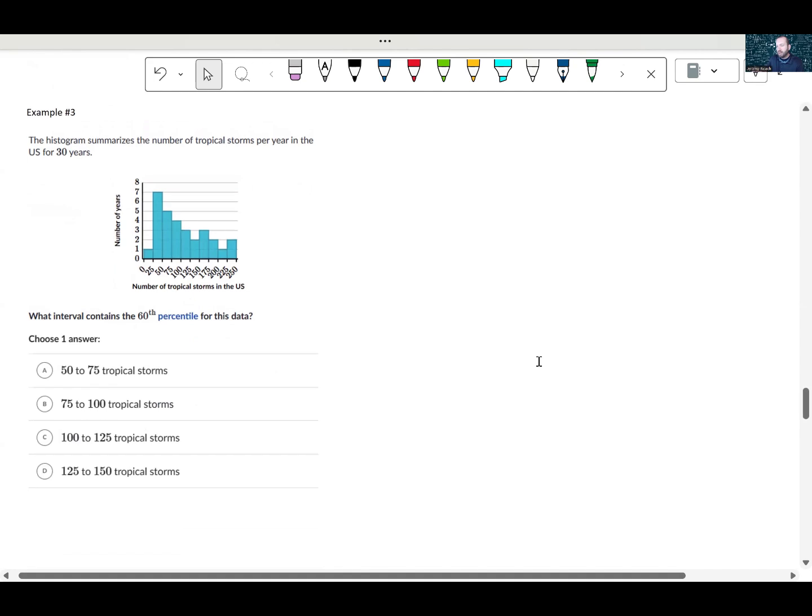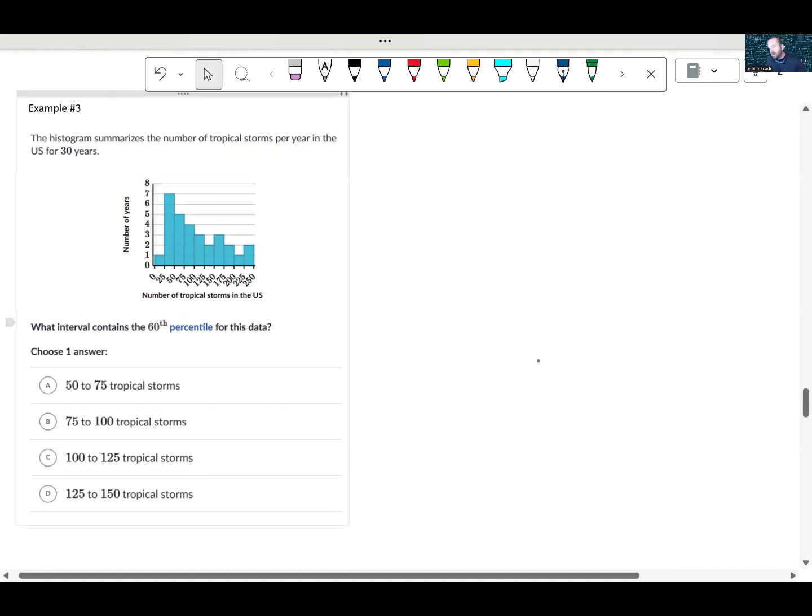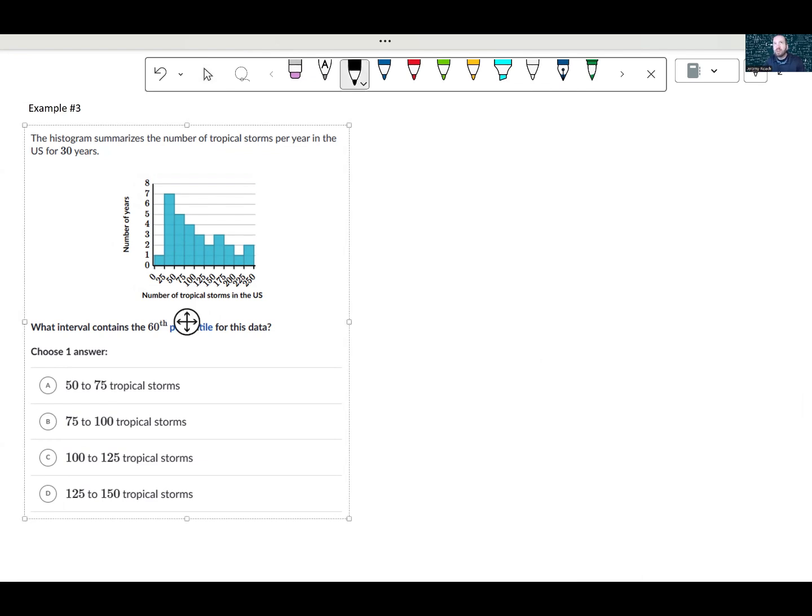This one tells us the 60th percentile. It wants us to find the interval that contains the 60th percentile for this data. And this histogram summarizes the number of tropical storms per year in the US for 30 years. Okay, so we're going to find the percentile position. We're given the percentile, we want to find the position.